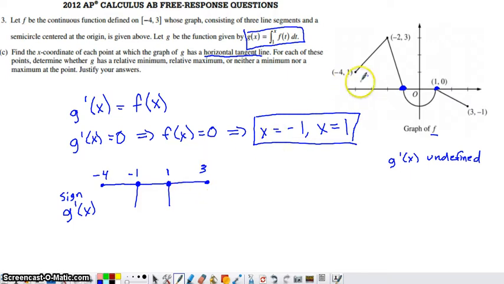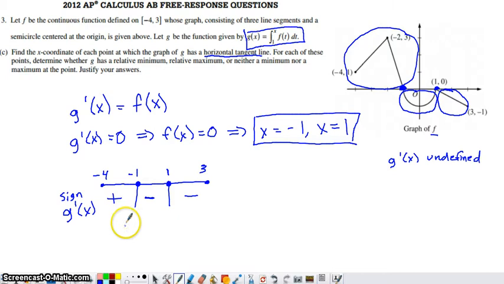So the graph of f is positive from -4 to -1. Therefore g prime is positive from -4 to -1. In between -1 and 1, we have negative values for f of x, and since f of x equals g prime of x, we have a negative value for g prime of x there. And then the value of f of x is negative again from 1 to 3.